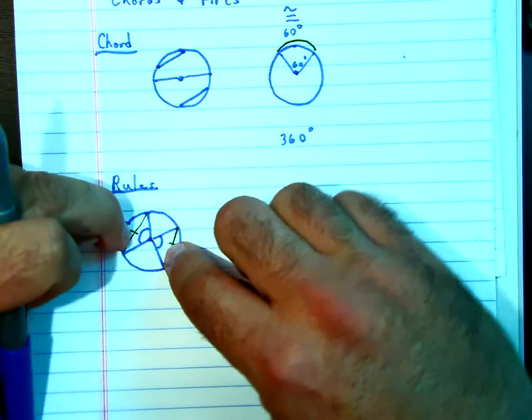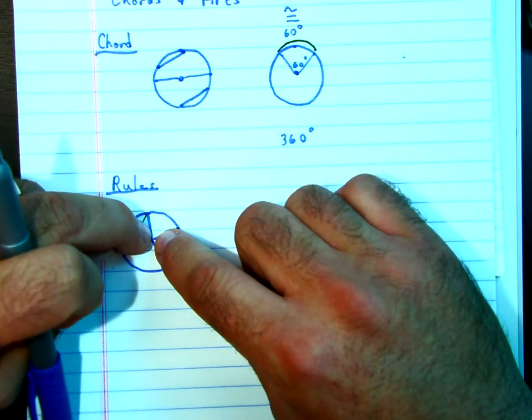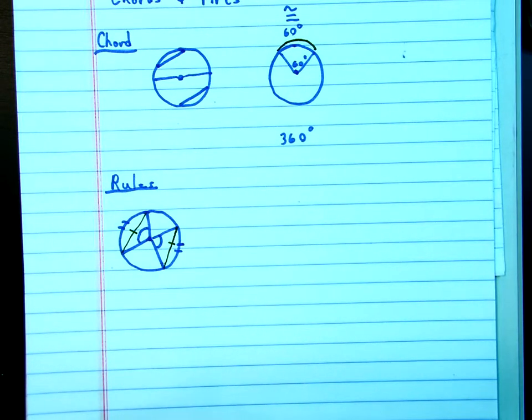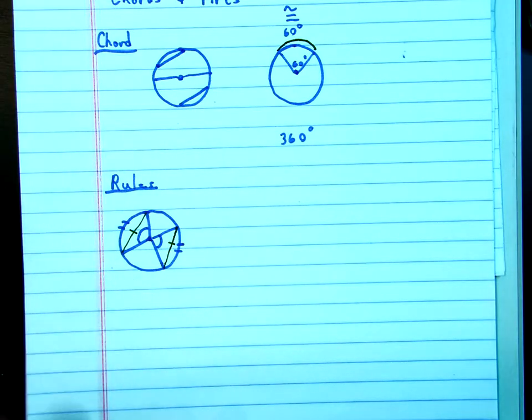So if the two chords are the same, then the arcs are the same and the central angles are the same. So it's being able to add the congruency marks to all the things that match. Okay? So that is the first rule of 12.2. Understanding that if the chords are the same, then the arcs are the same, then the central angles are the same. Okay? So finding those measurements.